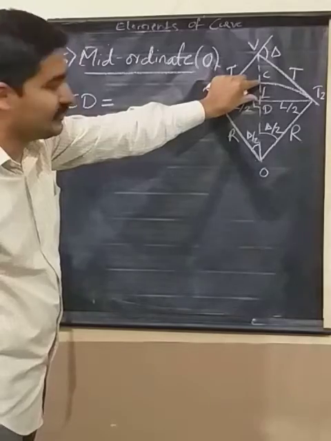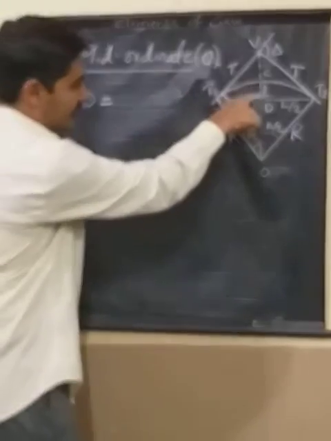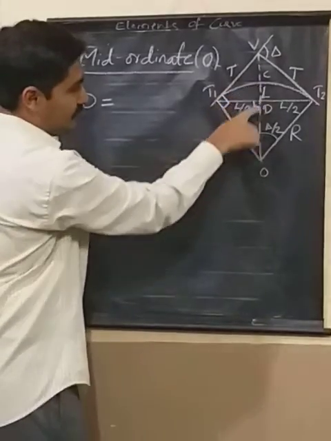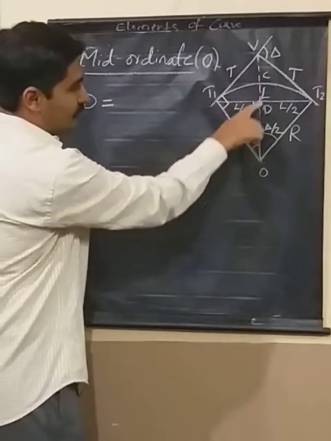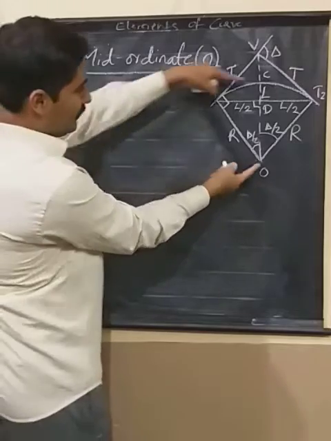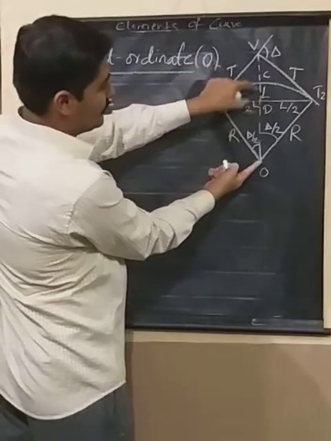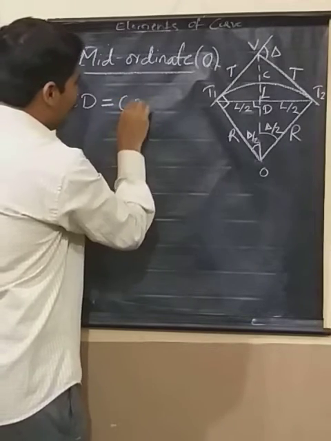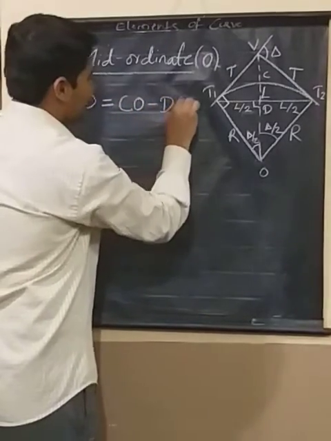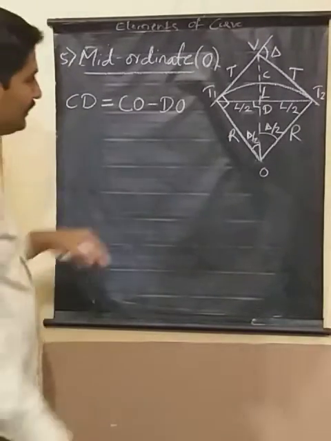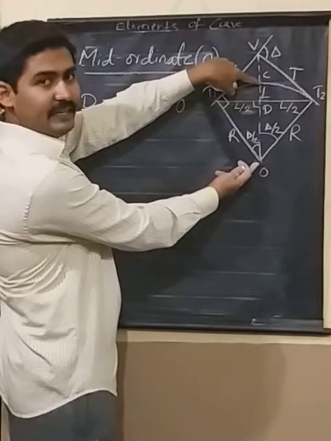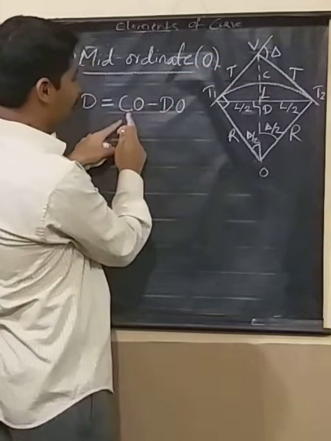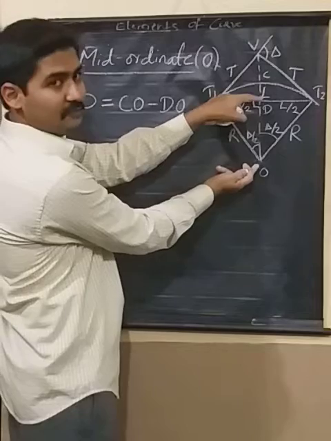This distance will be equal to CO minus DO, isn't it? In this total length, if you subtract this, you will get CD. So it is CO minus DO. CO is once again the radius, so this is R. DO I am supposed to find out.